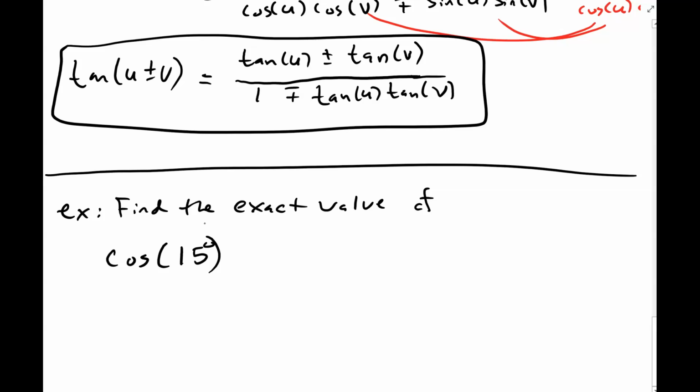So what I want to do then is find a way to rewrite this as the sum or difference of 2 unit circle angles. So if you look at your unit circle angles, what 2 angles could we add or subtract to get 15 degrees?